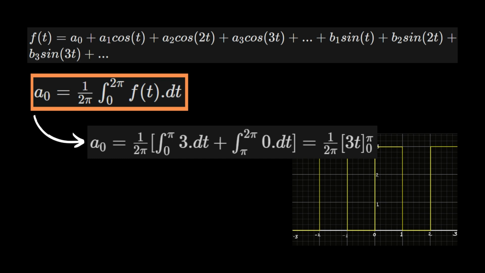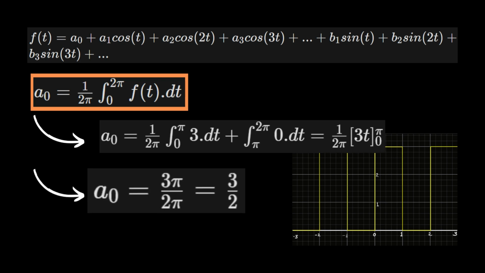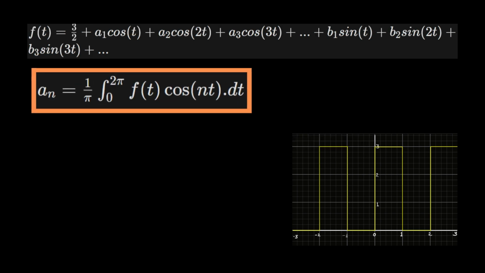So from 0 to pi, y is 3, and from pi to 2 pi, that is from 1 to 2, on the graph y is equal to 0. Hence a0 is equal to 1 by 2 pi times 3t from 0 to pi, that is equal to 3 by 2.